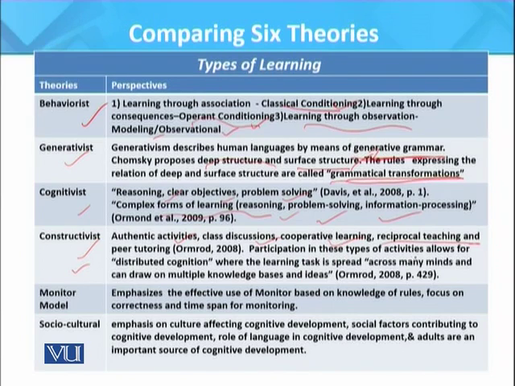Participation in these activities allows cognition to be distributed, which means that more than one mind is involved in the process, where the learning task is spread across many minds and can draw on multiple knowledge bases and ideas. So language is distributed, with more minds involved in the process of learning.